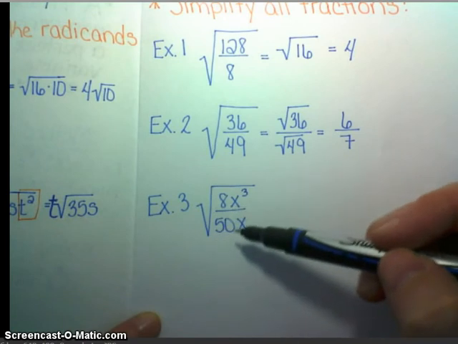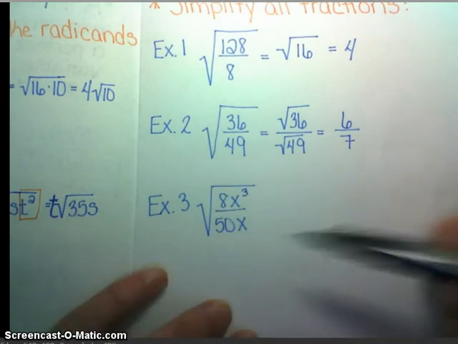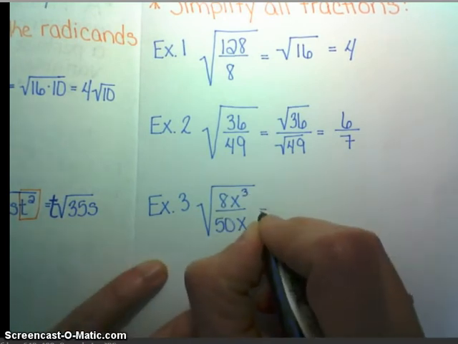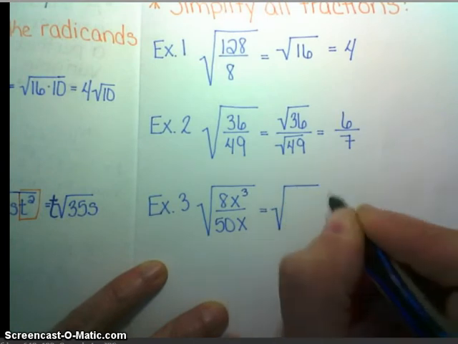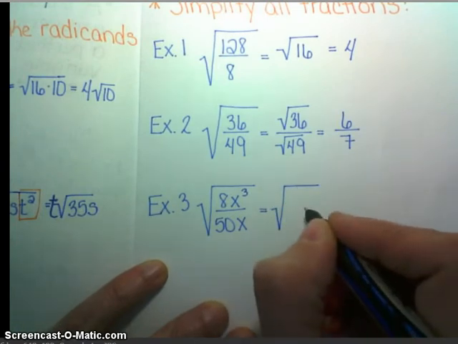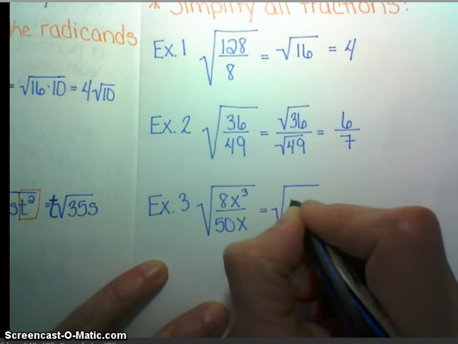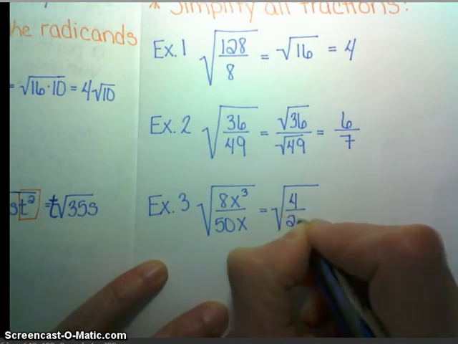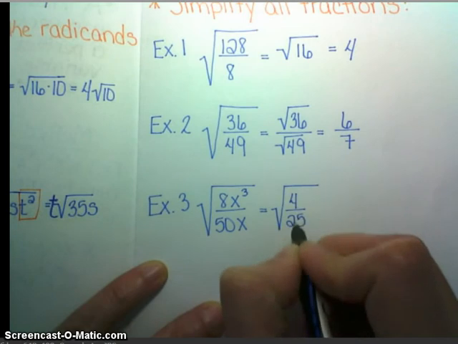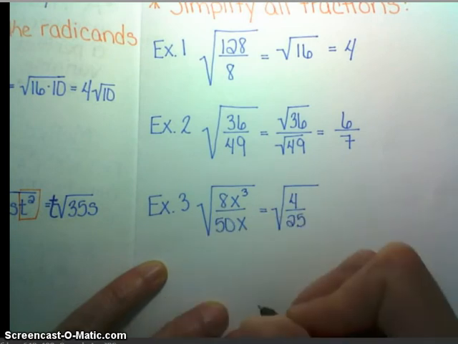We need to just simplify this fraction. Okay, so let's just focus on the 8 and the 50 first. If I simplify 8 over 50, type 8 over 50 in your calculator if you need to, and simplify it. And you're going to get 4 over 25. That's the simplified fraction form for 8 over 50.